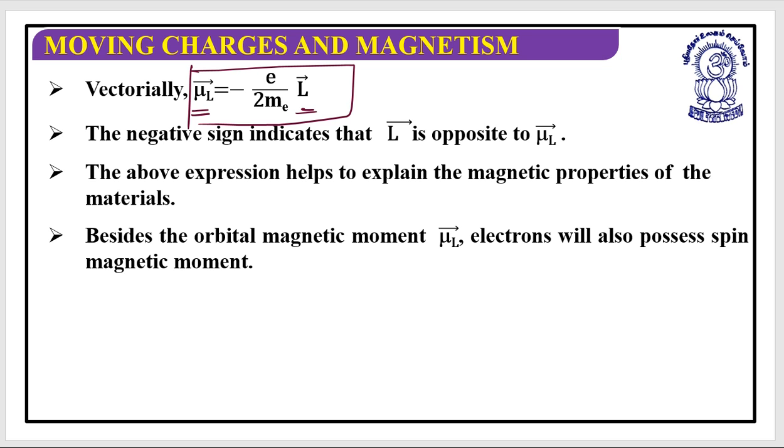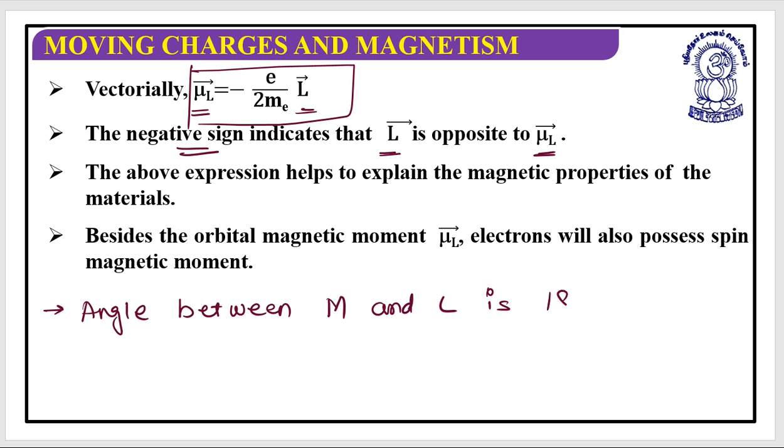One more thing: the negative sign shows that angular momentum L and magnetic moment M are opposite to each other. That means the angle between M and L is 180 degrees, π.